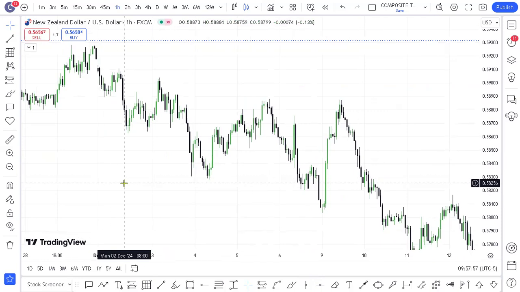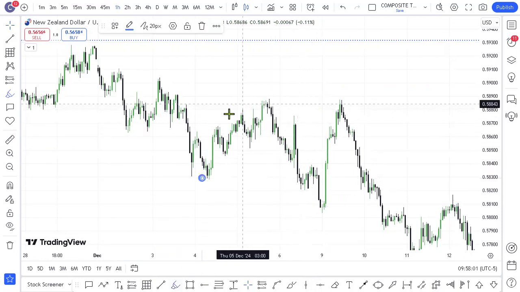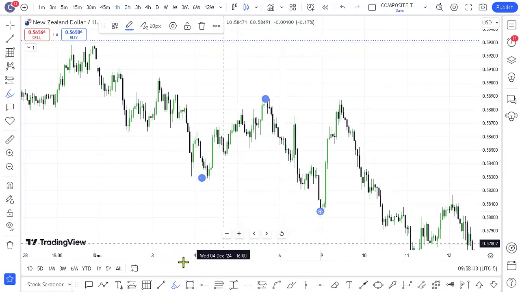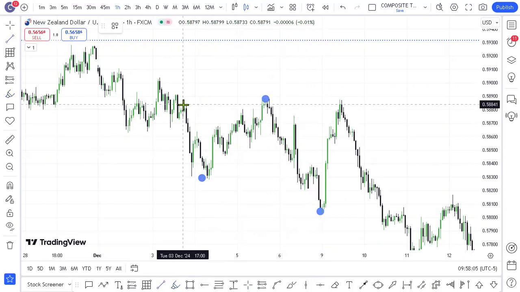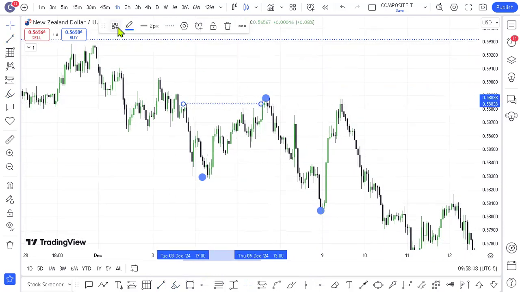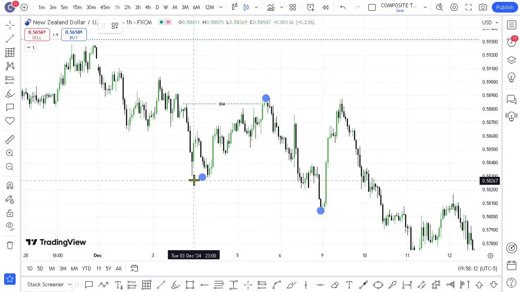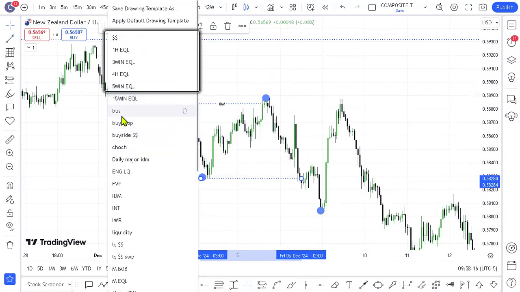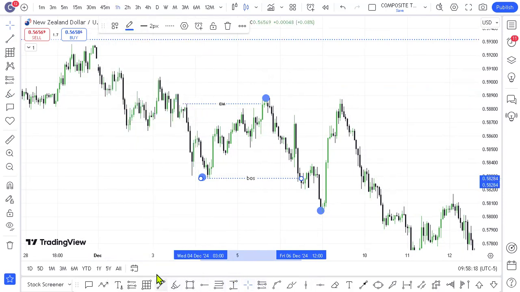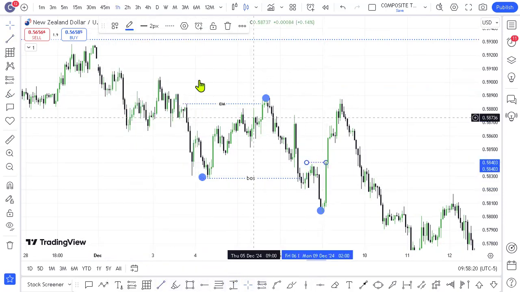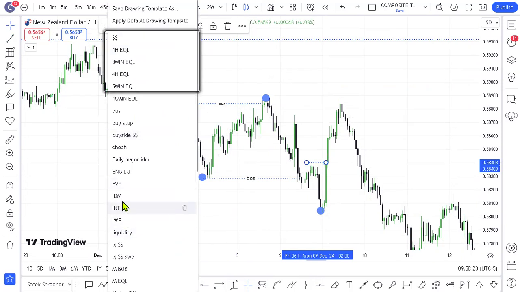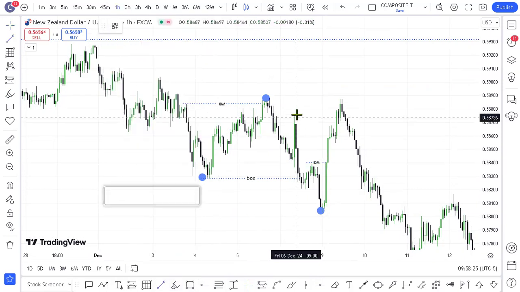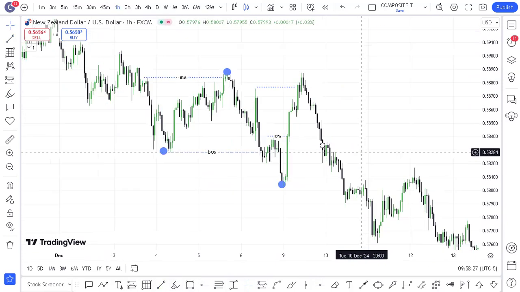We're going to look at it from this low, lower high, lower low. What I mean is this inducement taken out, breakout structure here, and normal inducement here taken out. Then we have the major inducement up here, right?